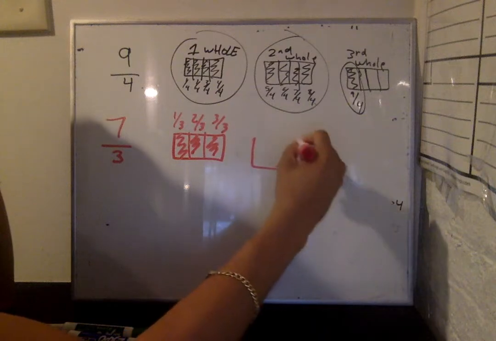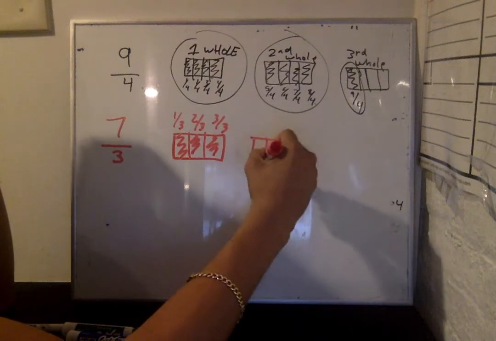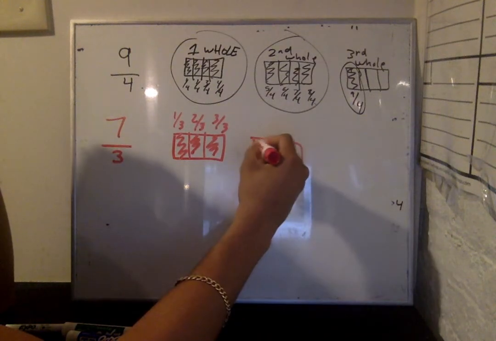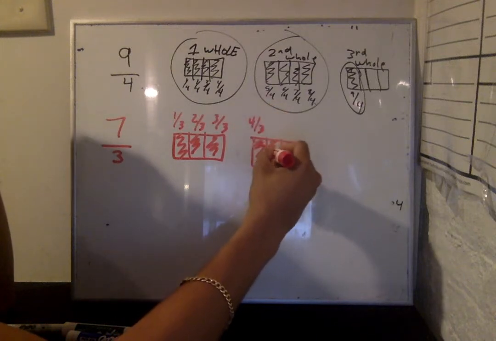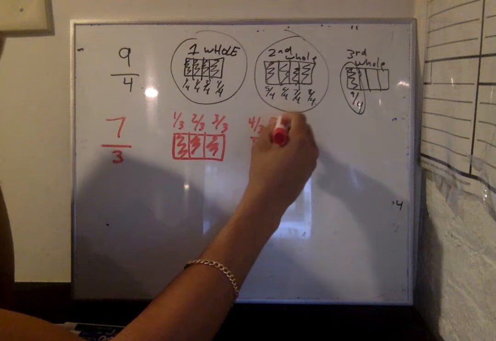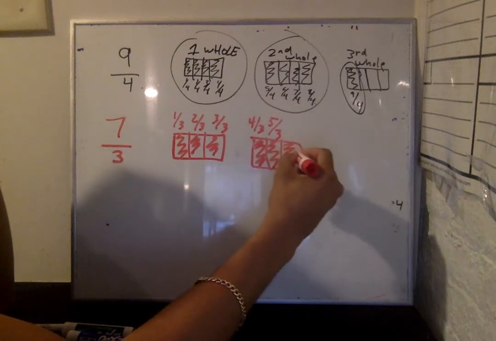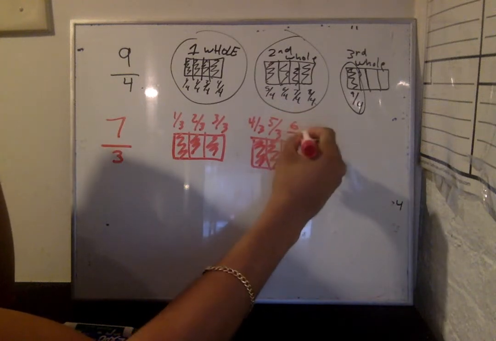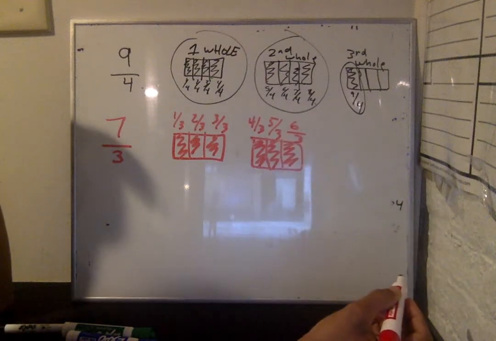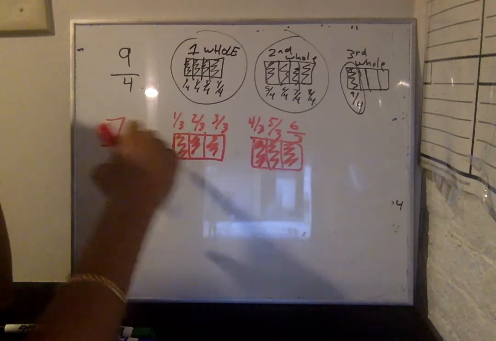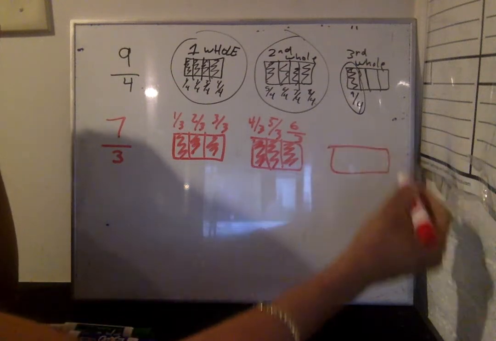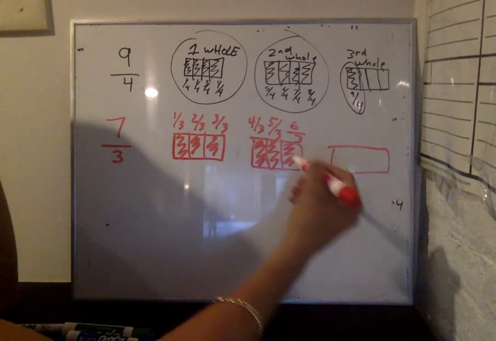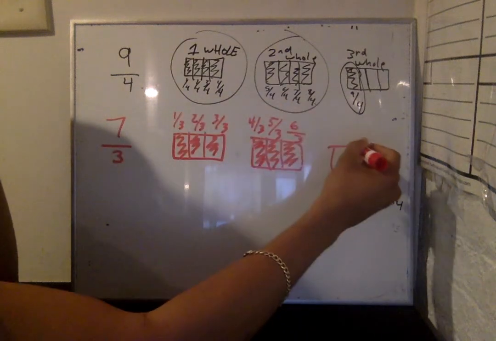I need to make another whole with thirds. I'm going to shade in another third. That's 4/3. Shade in another third. That's 5/3. And then I shade in this third, and that's 6/3. I'm still not at 7/3. So let me make another whole, and I'm going to partition this into thirds again.